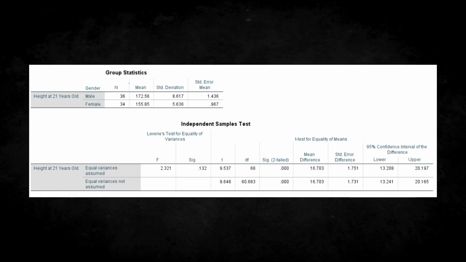So first, let's look at the descriptive statistics. We see that that's our estimated mean value. For boys, male students, we get a mean value of 172.56 centimeters.